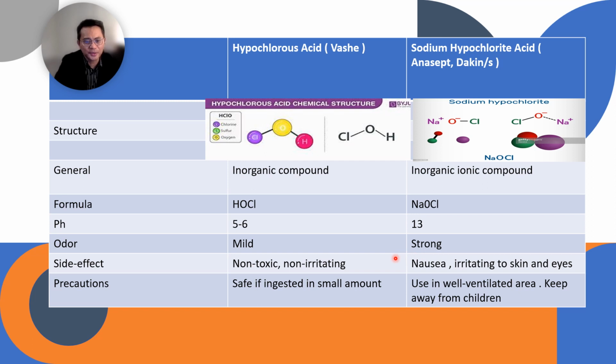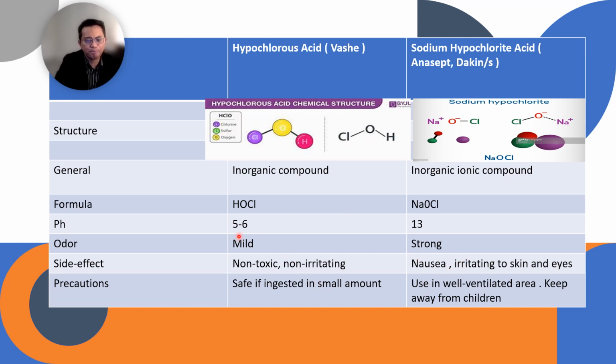When I was still using Anasept, before the pandemic, we didn't have a lot of N95s at that time. I was just using a regular face mask, and the face mask was not enough to shield me from the strong odor of the Anasept.